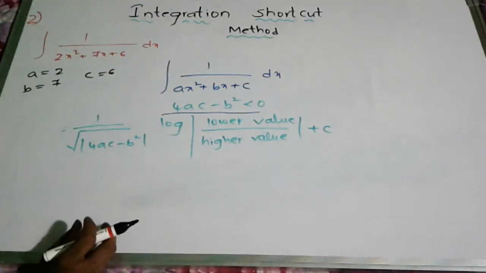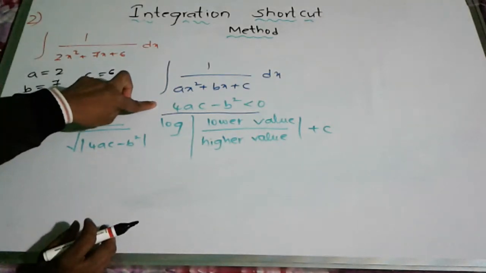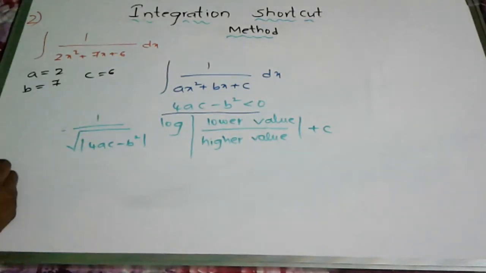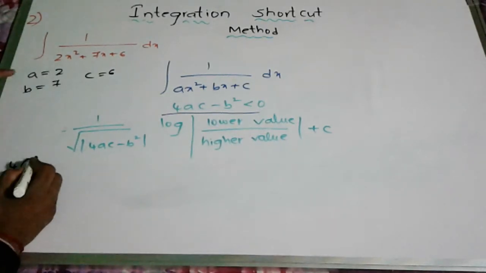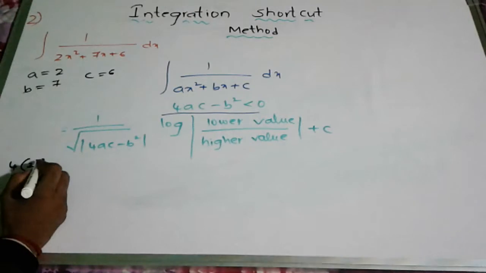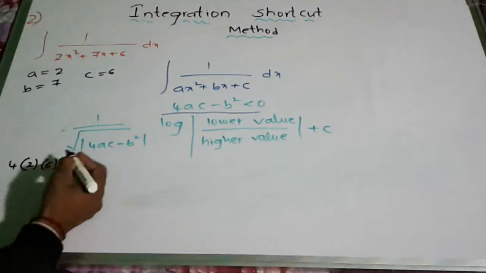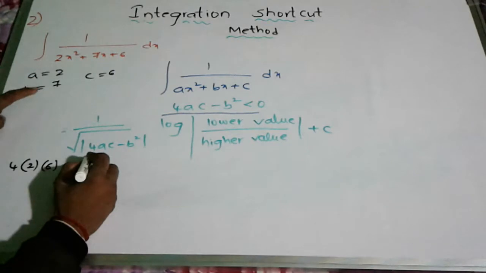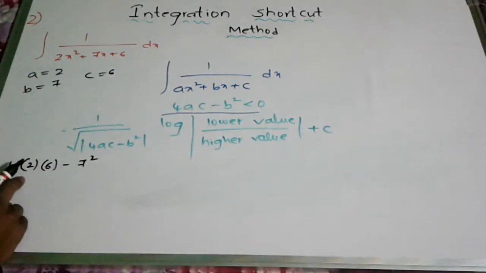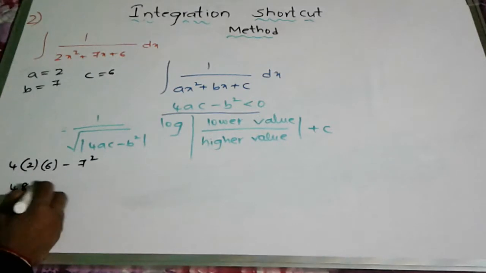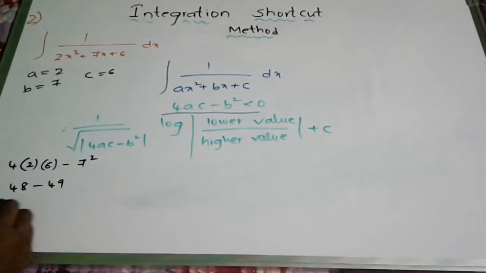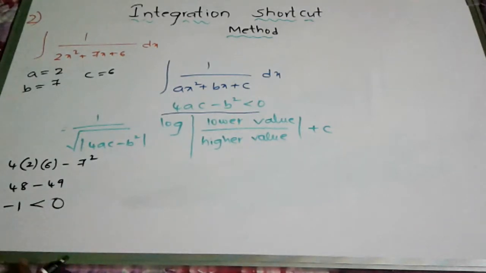So let me check whether the condition is satisfied or not. 4 times, here a we have 2 and c as 6, and b square as 7 square. Here 4 2s are 8, 8 6s are 48, minus 49, which is equal to minus 1, which is less than 0. So our condition is satisfied. So now we can apply this formula to this problem, right?